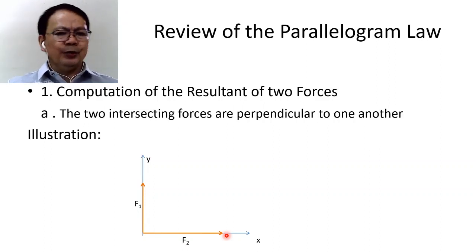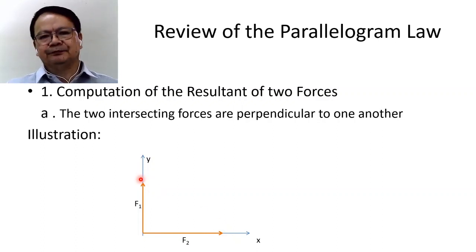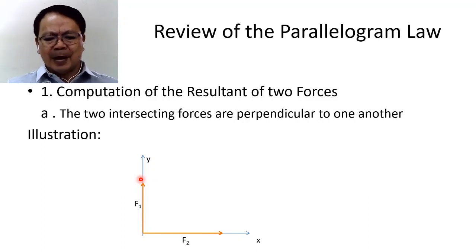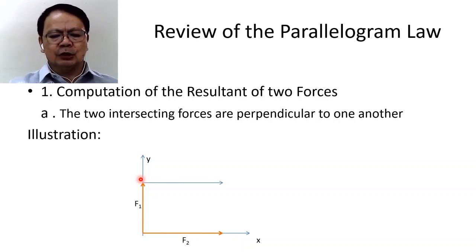To do it, let us imagine that we are at the tip of F1. What we do is draw a force parallel to F2 and passing through the tip of F1, and so we have this force.